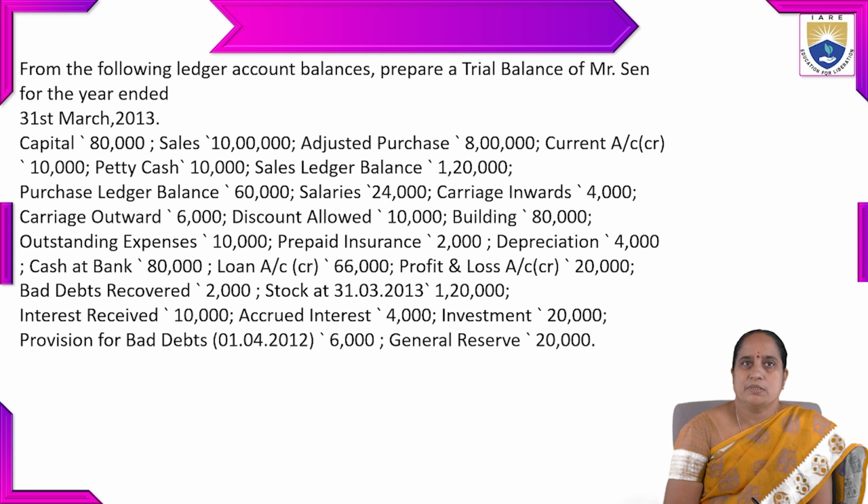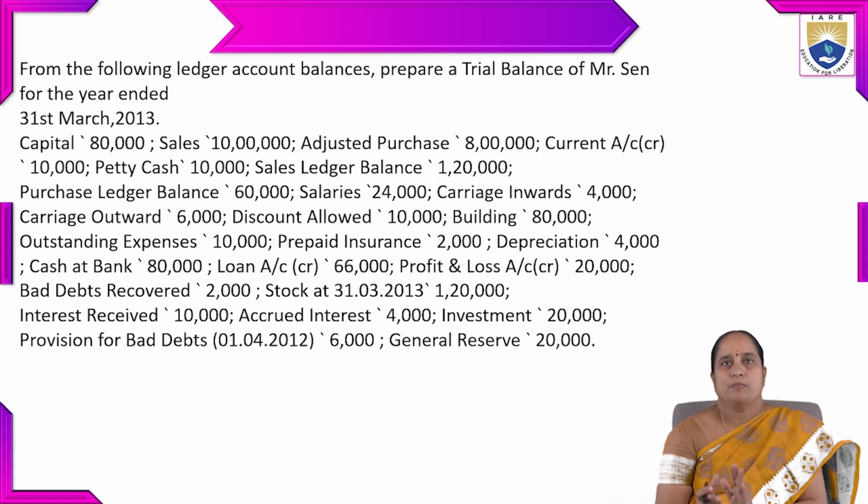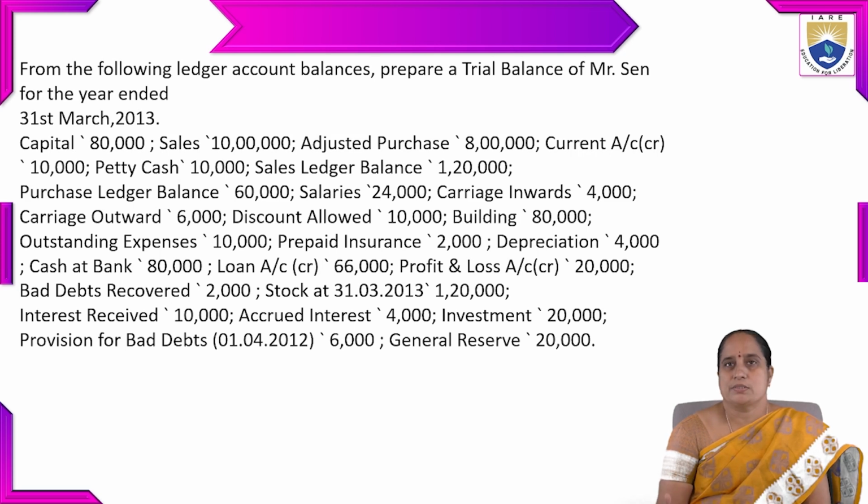building 80,000, outstanding expenses 10,000, prepaid insurance 2,000, depreciation 4,000, cash at bank 80,000, loan account credit, so that is 66,000. Profit and loss account, again it is credit, so 20,000. Bad debts recovered 2,000.